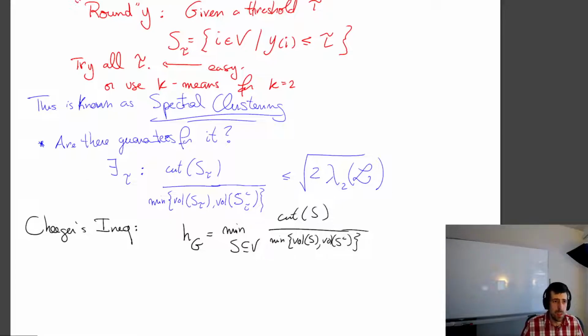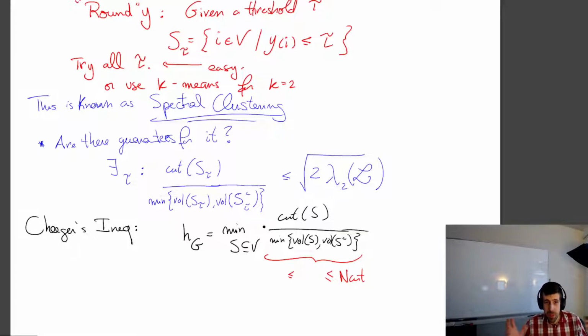So clearly, this quantity is for sure bigger than half the normalized cut, because the normalized cut takes cut over one of them plus cut over the other.